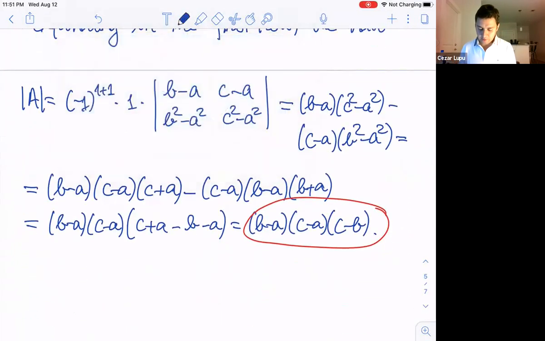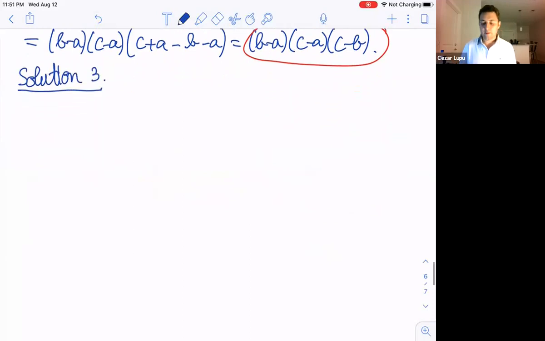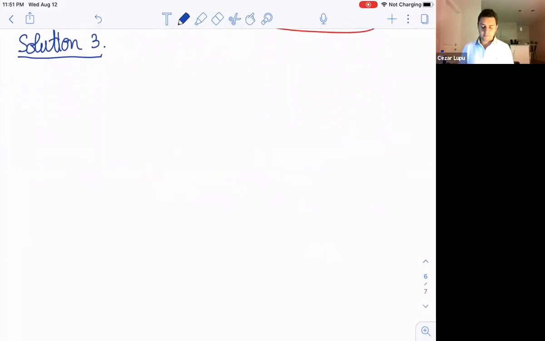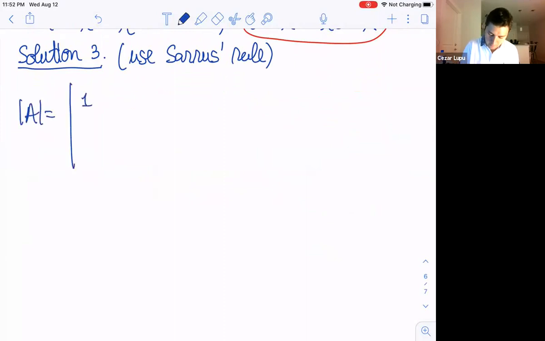All right, and now the third solution. We want to use the so-called Sarrus's rule. Again, this rule works only on rows, and also on columns if you want, but we're going to copy the first two rows. So let's do this. Let's write the determinant.